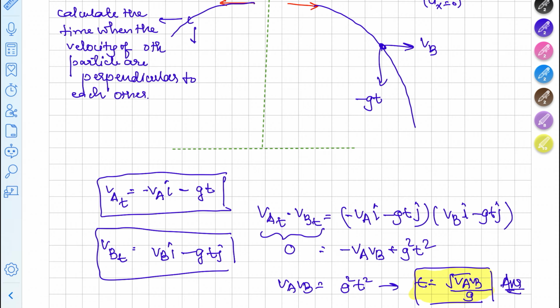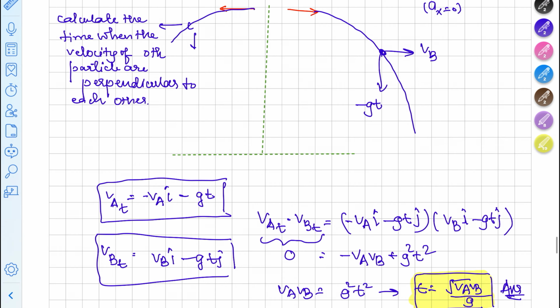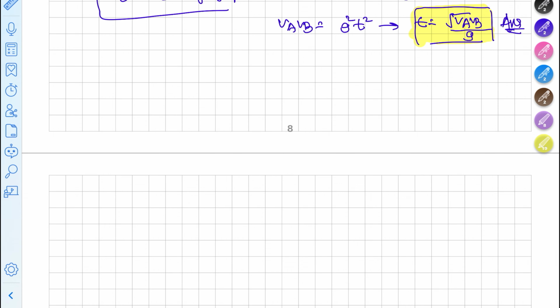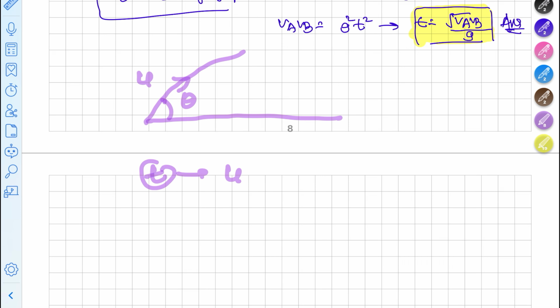There are many types of questions asked in JEE on this concept. I'll tell you one question, though I'm not going to solve it. There is a projectile thrown at angle theta with velocity u, and they ask to calculate the time at which the initial velocity and the velocity at that time are perpendicular to each other.